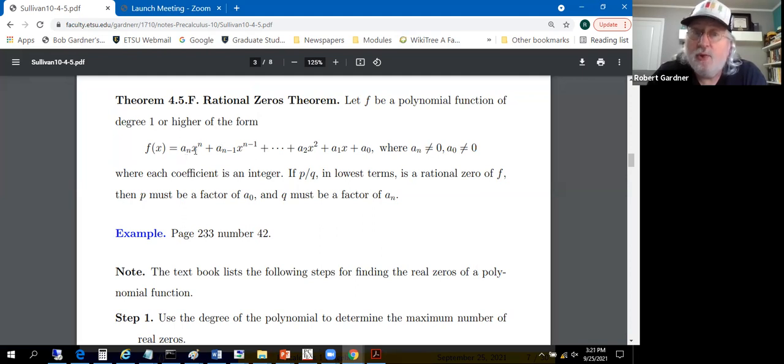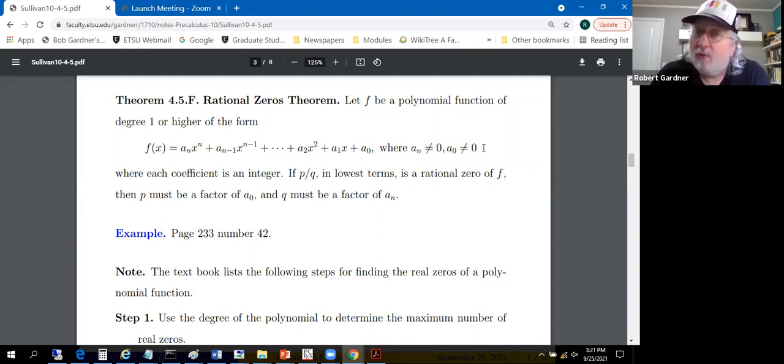So it's actually a degree n polynomial function. A sub 0 is not 0, so the constant term is non-zero. If the constant term was 0, we could factor x out and modify this so that the constant term is not 0.